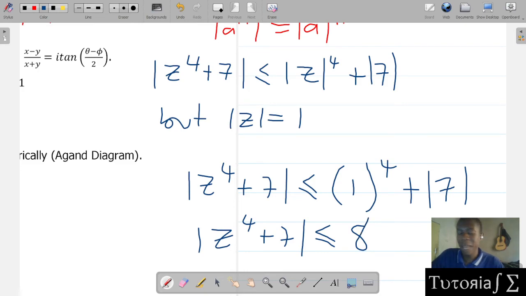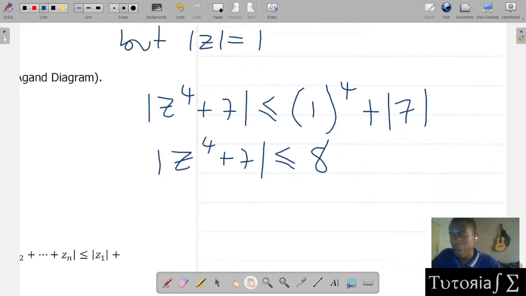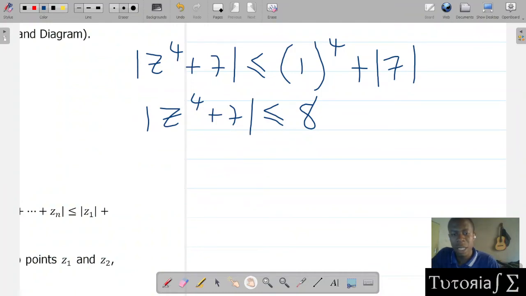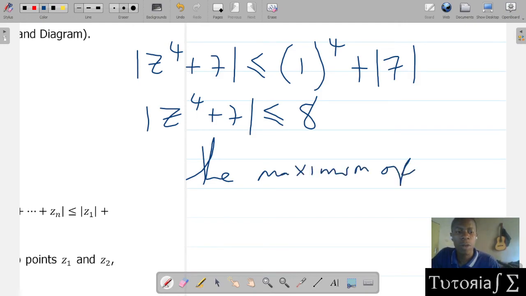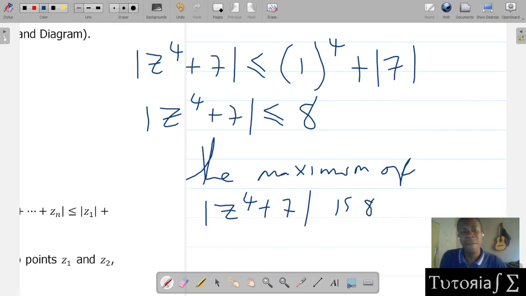So the maximum value of that is 2 here. According to this, it means this is equal to 2 or less than 2. So that is basically how you approach this question.